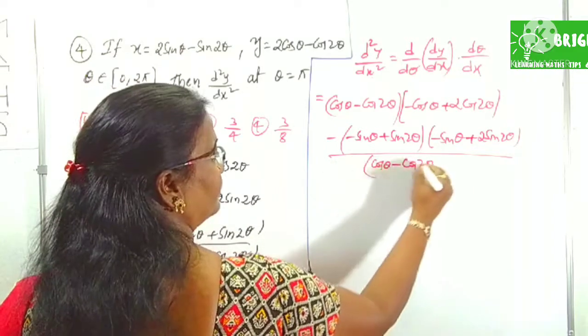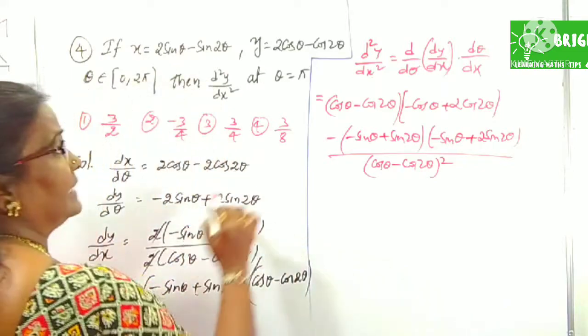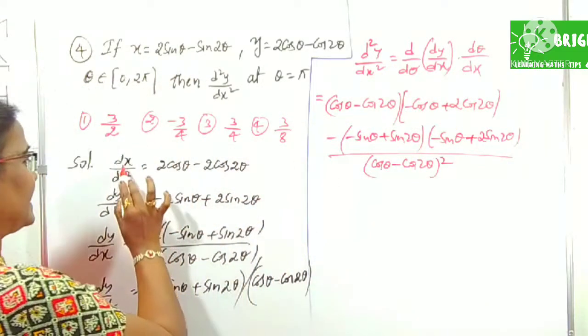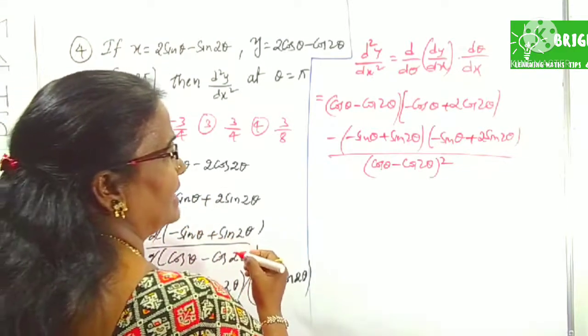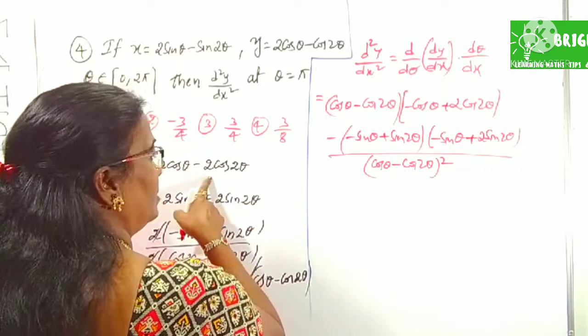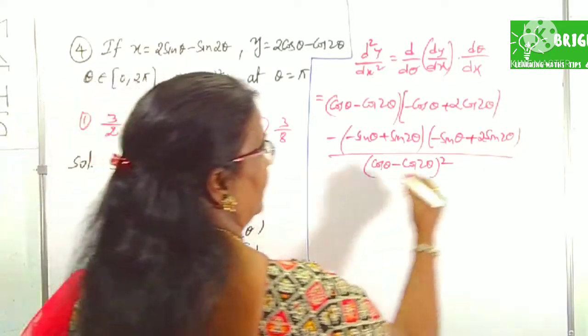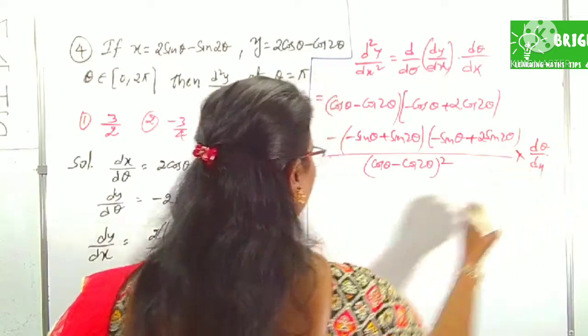Into we have to take its derivative, d theta by dx, which we want. dx by d theta is 2 cos theta minus 2 cos 2 theta. If we take 2 out, I am taking the next step, d theta by dx.